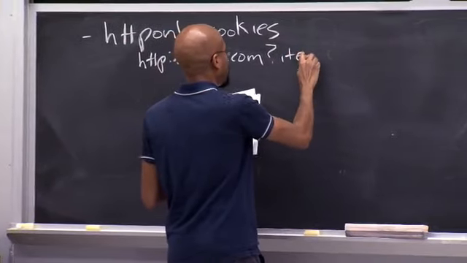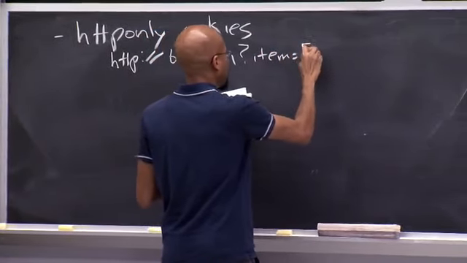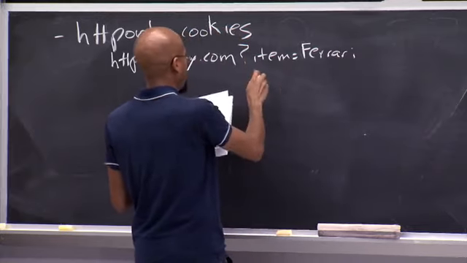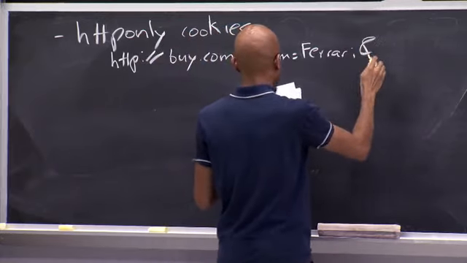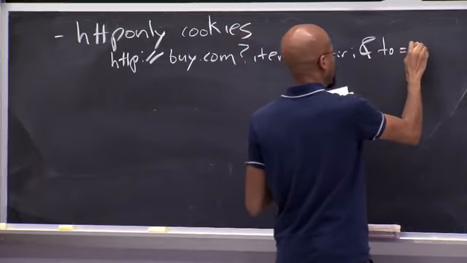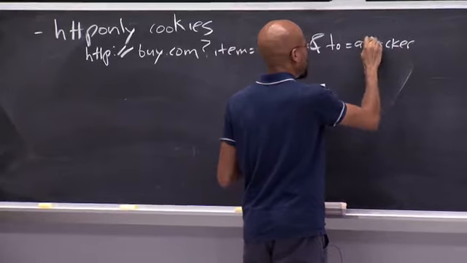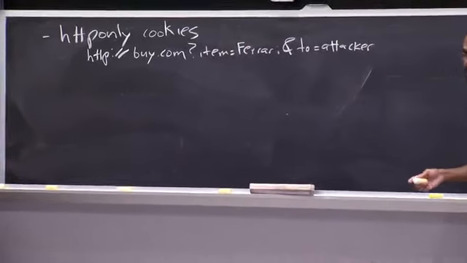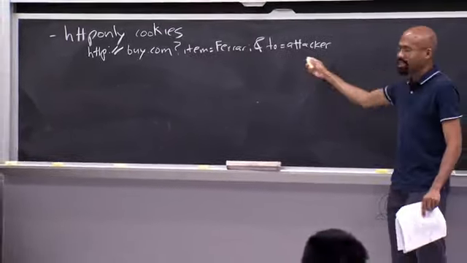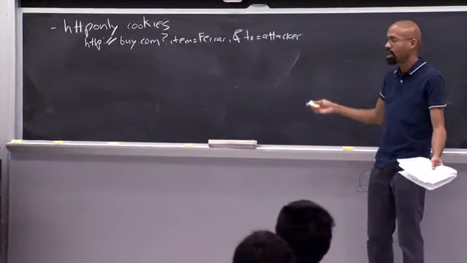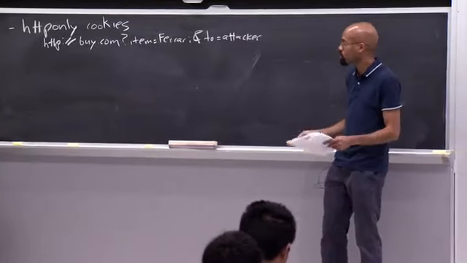The attacker can put whatever item the attacker wants to buy, a Ferrari for example, and then say who this should go to. This should go to the attacker. And so even though client-side JavaScript can't access the cookie, there's nothing that prevents the attacker from just conjuring up a URL like this. This is what CSRF tokens help to prevent against, which we'll talk about a little bit later.